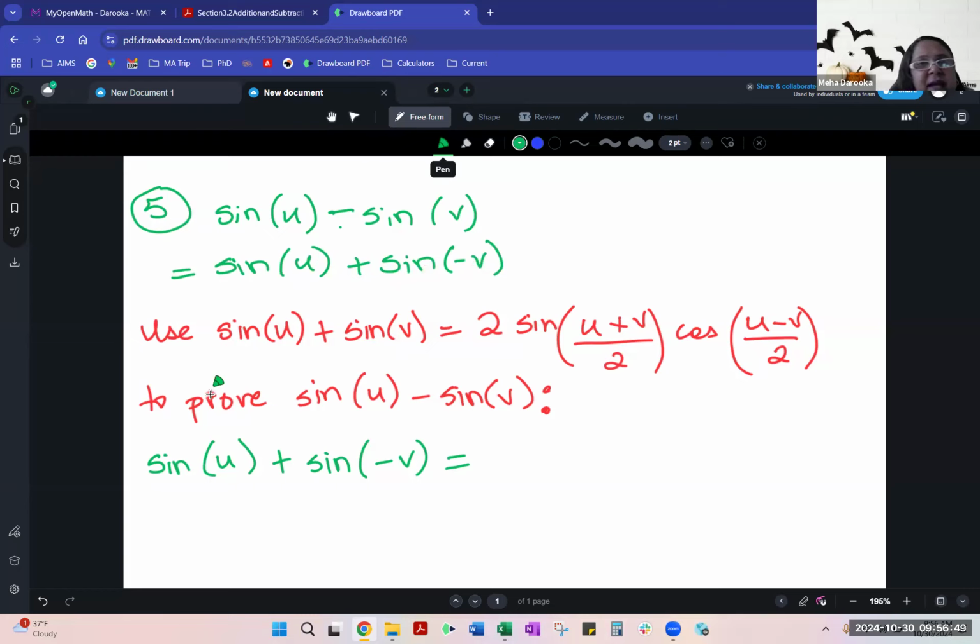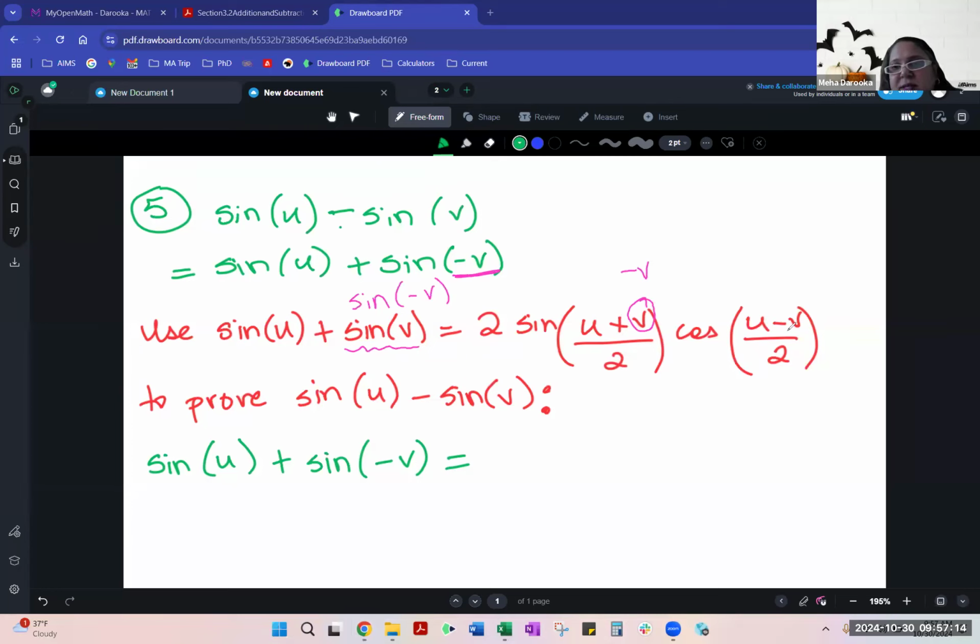When you are rewriting it, you have to think: everywhere that I have sine of v, I need to replace that with sine of negative v. So when you write this out in the sum to product identity, you have 2 times sine of u plus, instead of v, negative v, because that's what we have over here.